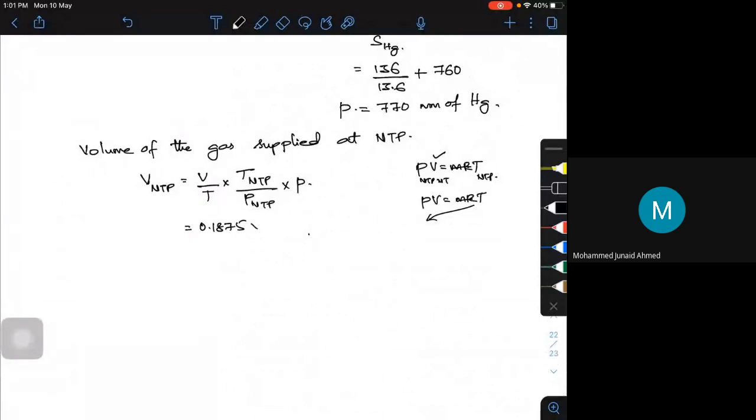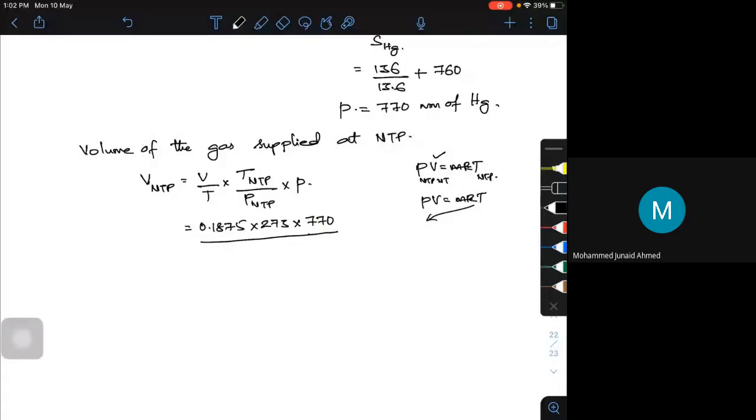Into, what is the temperature at NTP? It is 273, that is 0 degrees Celsius or 273 Kelvin. The pressure we just calculated is 770 mm of Hg, divided by the temperature, 17 plus 273, which is 290. The pressure at NTP is 760 mm of Hg.